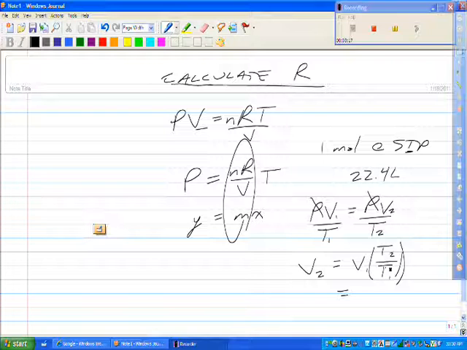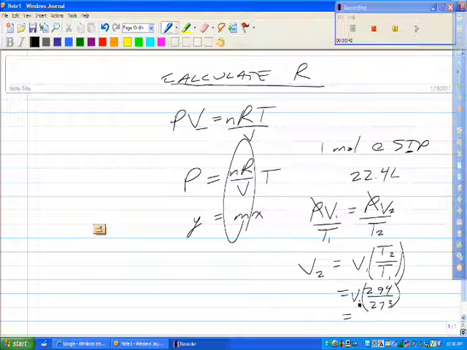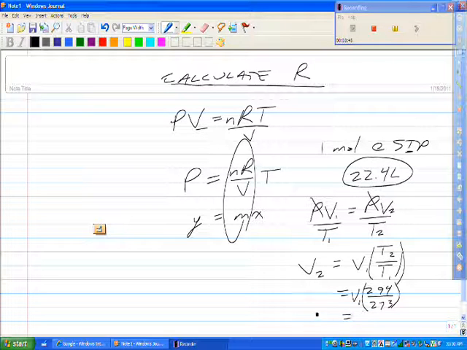Of course, the temperature in the room in kelvins is about 294, and you can get that exactly by measuring the temperature with your probe before you start. And then standard temperature is 0 degrees Celsius, which is 273 kelvins. So this ratio will tell me what I need to do to 22.4 liters to get it in the volume that it would be at the temperature in the room.